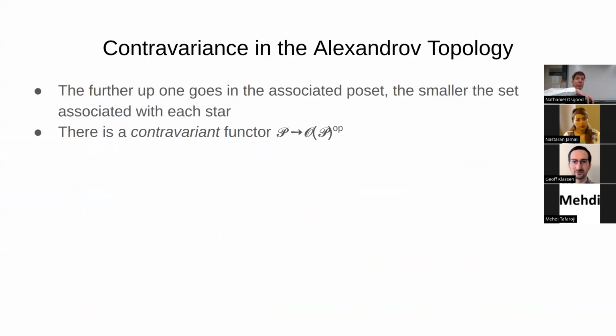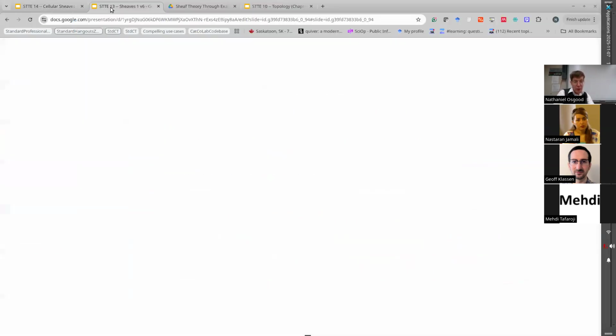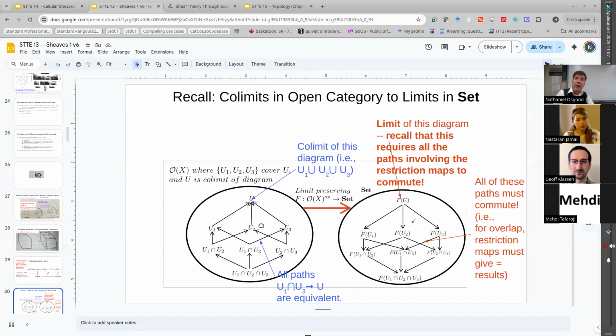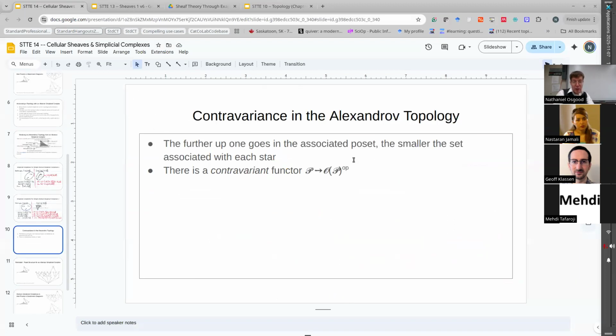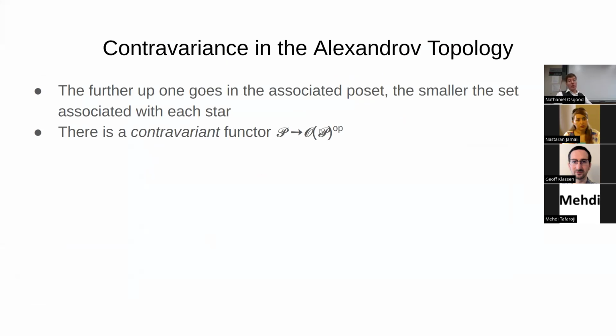Remember O of X is a pre-order? Just from like 3 minutes ago. This is O of X. It's written O of P, but basically it's the topology associated with P. And that's a pre-order.